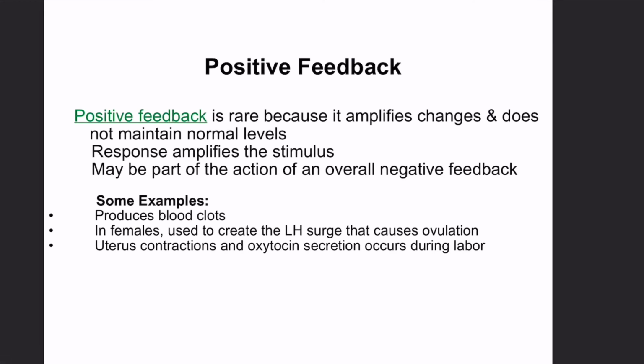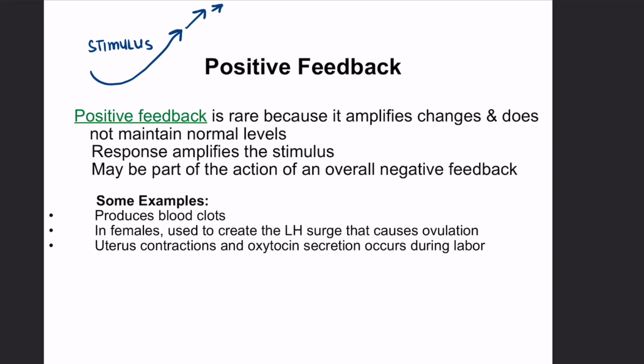So negative feedback is how we maintain homeostasis 99% of the time. There is the rare instance of positive feedback. And I will give you some examples of this, but positive feedback is when you have a stimulus and your body responds by amplifying that stimulus and increasing it and increasing it.